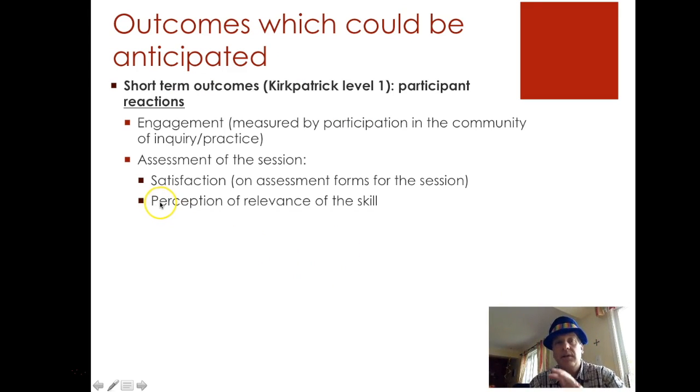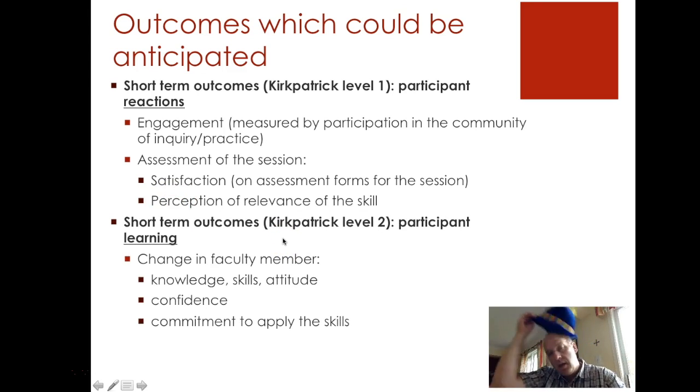In terms of outcomes, I wanted to know if this is going to be something that works, and it was really important for me to look at outcomes like Kirkpatrick levels. So reactions is important to study, like whether they're engaged and participating, whether they're satisfied and perceive the skill to be relevant. And what are some shorter term outcomes like effects of change in attitudes or skills or confidence.